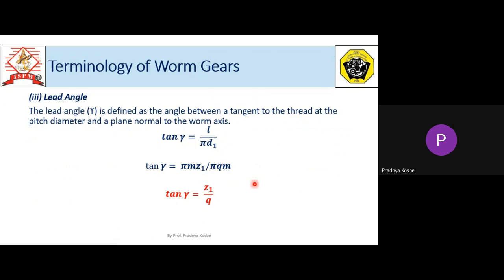So d1 is equal to q into m. We are just putting this value in the above equation. So tan gamma is equal to L, that is pi m z1, and put the value of d1 over here in terms of the diametral quotient, that is pi qm. So tan gamma is equal to z1 divided by q.